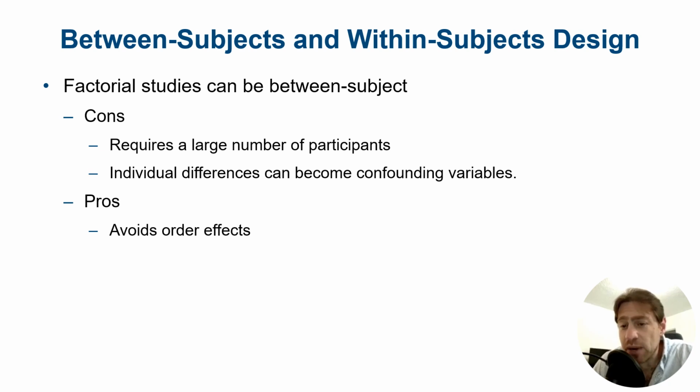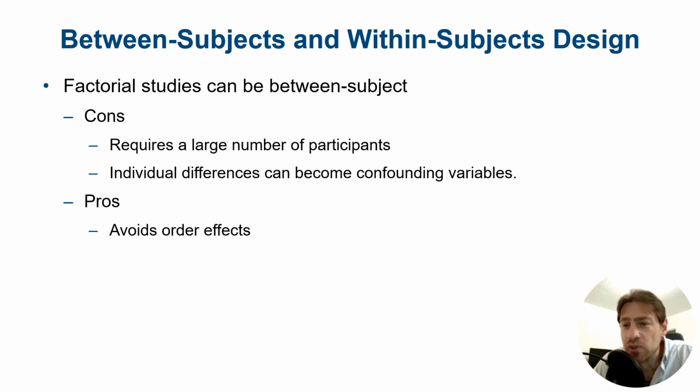Next, you have the problem of individual differences. So variability among participants can confound the results and increase the variance of the scores in the conditions. But on the plus side, the advantage is you don't have to worry about order effects.